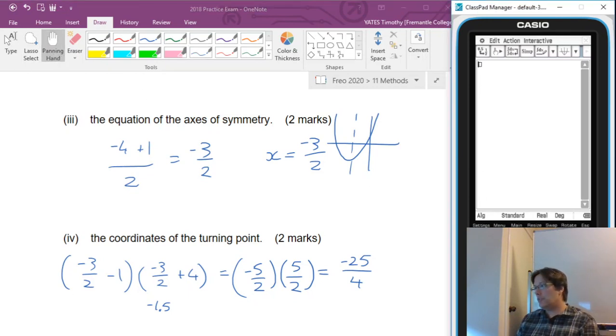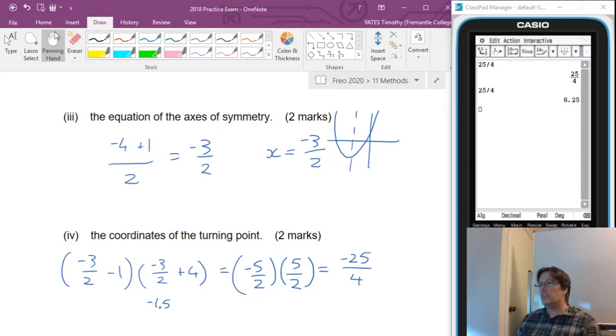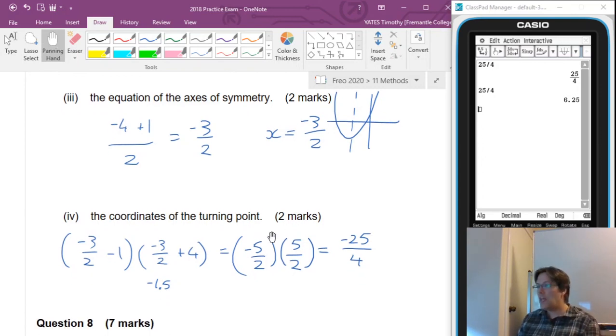But this would also be, I think it's 6.25. Just to throw it in the calculator. Let's give decimal. Yep, 6.25 there, which is 25. 25 times 25 is 625. So 2.5 times 2.5 is going to be 6.25 as well. So that's that one there.